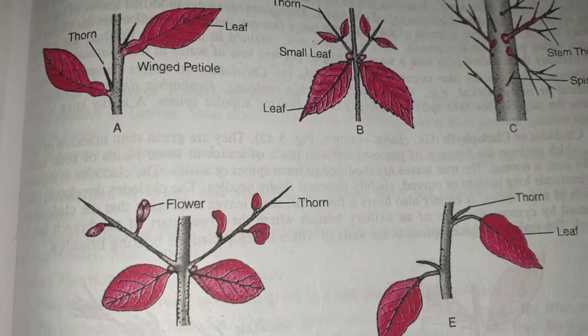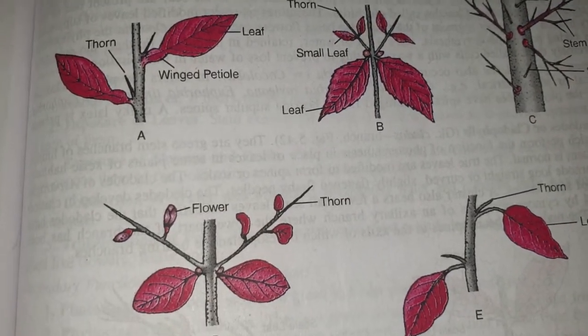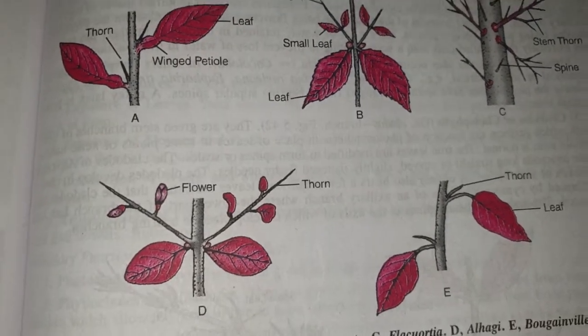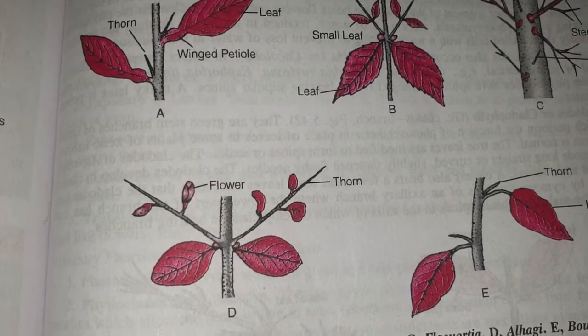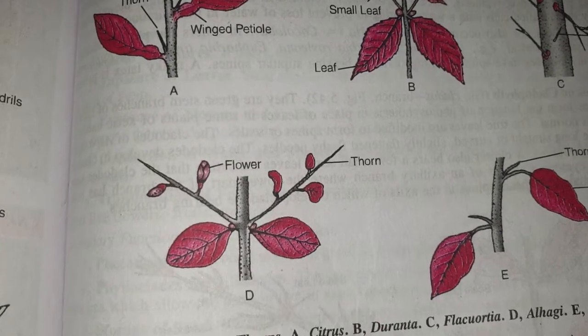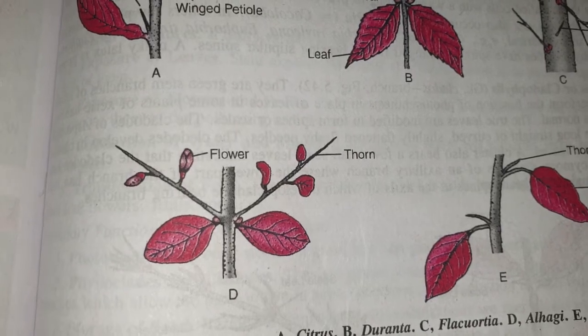Okay, thorns are modifications of stem. Spines are modifications of leaf and leaf parts. Prickles are superficial hard structures borne over the surface of stem and leaves. And bristles are modifications of hairs where depositions of silica and calcium carbonate take place.